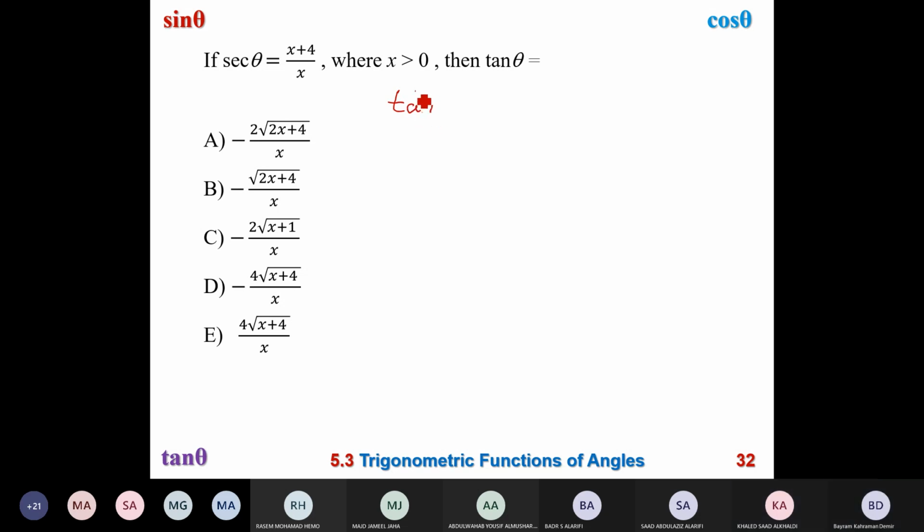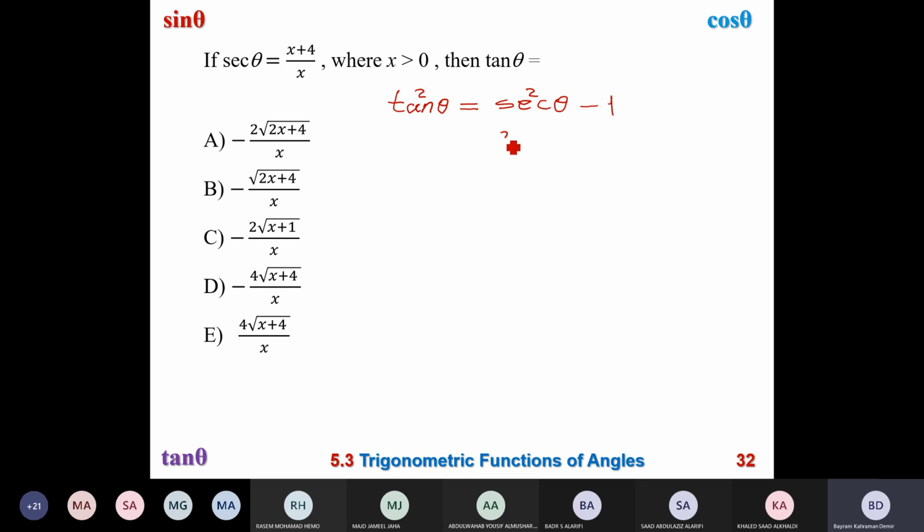Tangent square theta plus 1 equals secant square. So if I move plus 1 to the other side, it will be secant square minus 1. Well, secant square is already given, so I need to just square it.